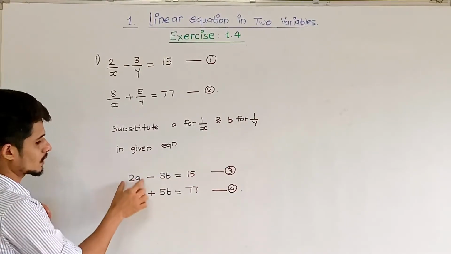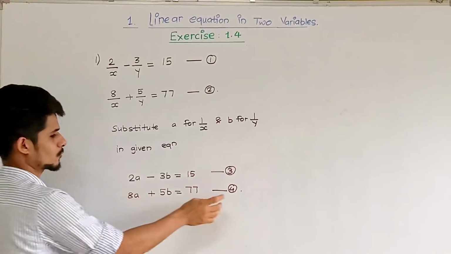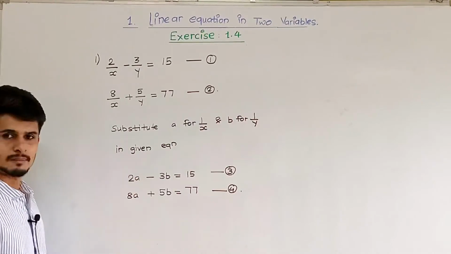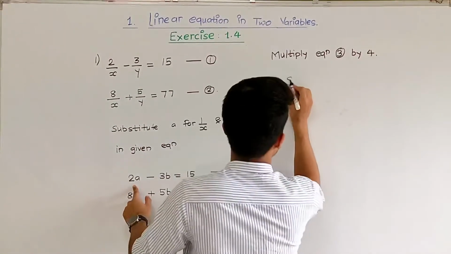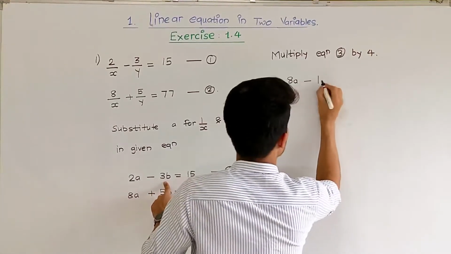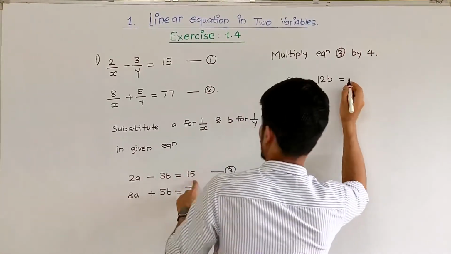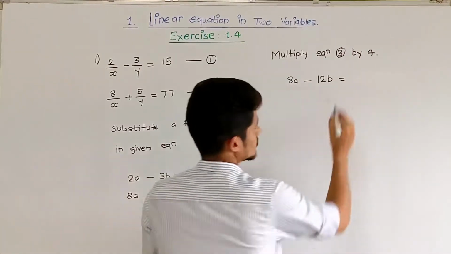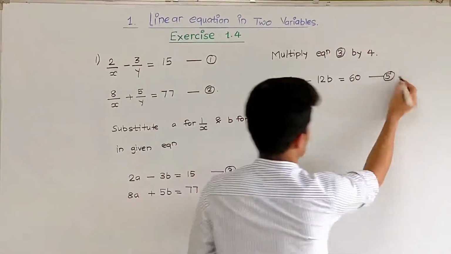So we get a common term 8a in equation 3 and 8a in equation 4. So we will multiply equation 3 by 4. 4 into 2a will be 8a, minus 4 3s are 12b, is equal to 4 into 15 is 60. So this is equation 5.